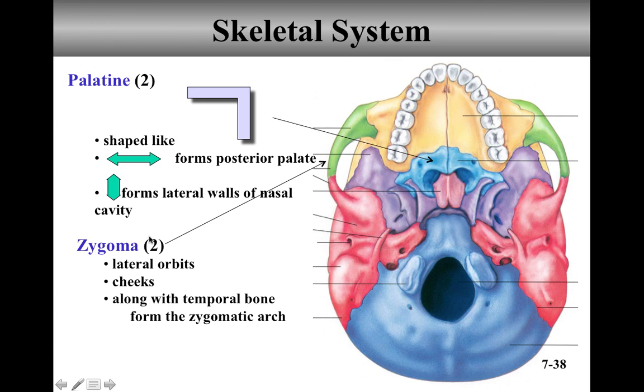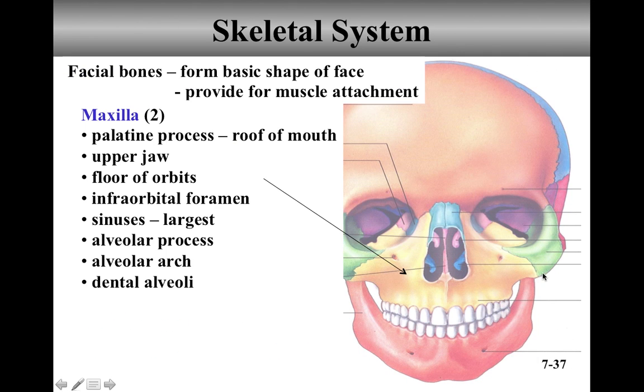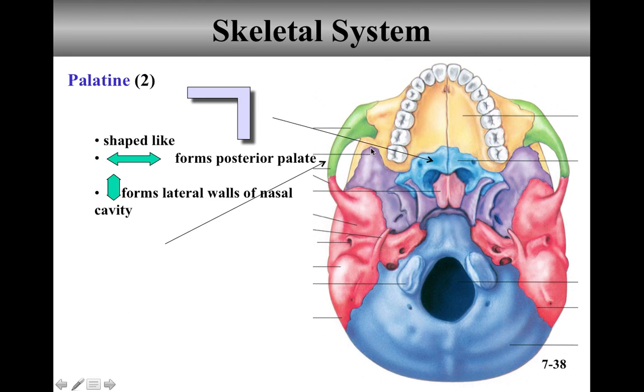And then the zygoma is this green bone right here. It forms the lateral side of the orbit and most of the structure that we would call your cheek. Let's see if we can see that orbit. Here we go. See the green right here? This lateral side of your eye, the outside of your eye socket, is that zygomatic bone. And then it runs along the cheek where it meets the zygomatic process of the temporal bone.